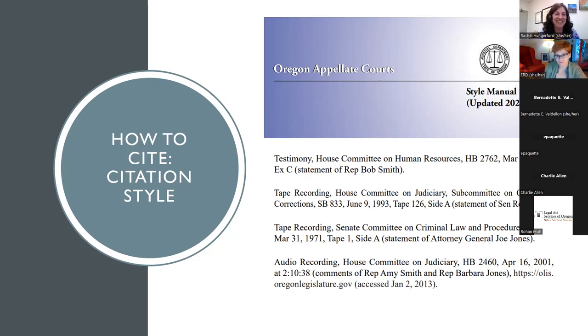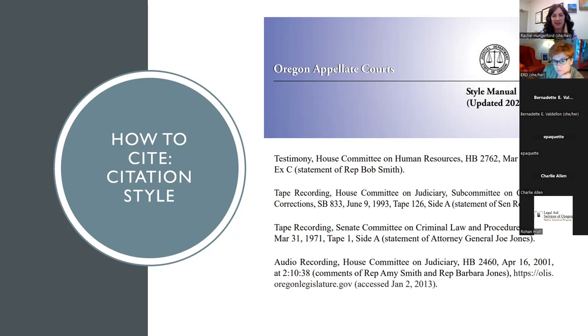So the last thing I'll talk about very briefly is how to cite, mainly in terms of the technical requirements, what citation format you use. You're going to be looking at the Oregon Appellate Court Style Manual, and they have a whole section on legislative history that provides some helpful examples for different types.